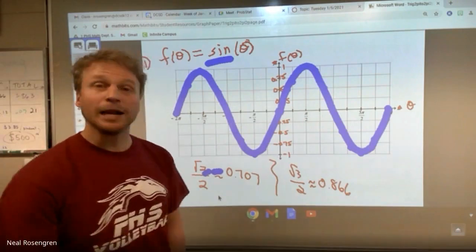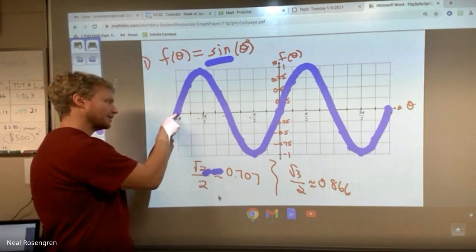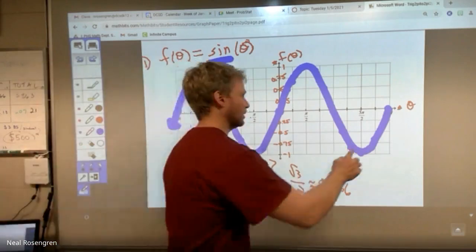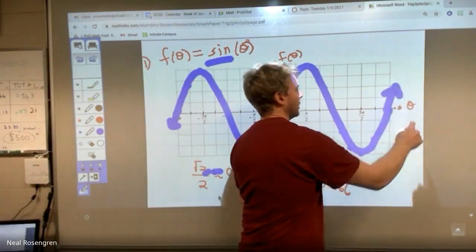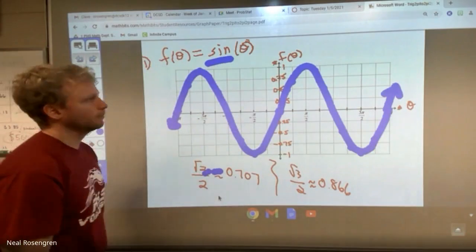Okay. Now, these do go on forever, so it is nice, even though our graph stops, to kind of extend this out on the left a little bit and put a little arrow. Makes it look a little bit better.